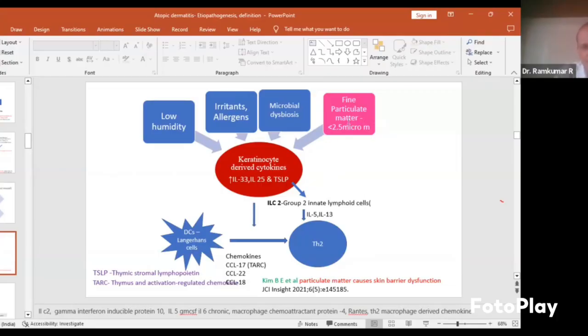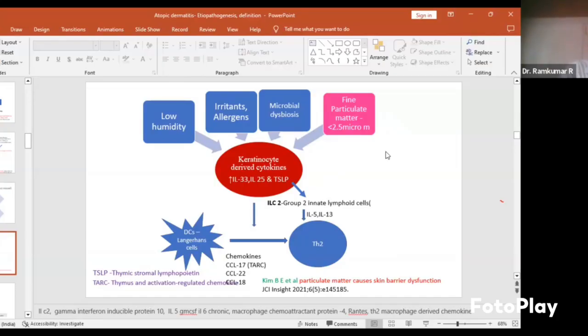The latest addition is fine particulate matter. These fine particulate matters are less than 2.5 micrometers, and the focus is on them.